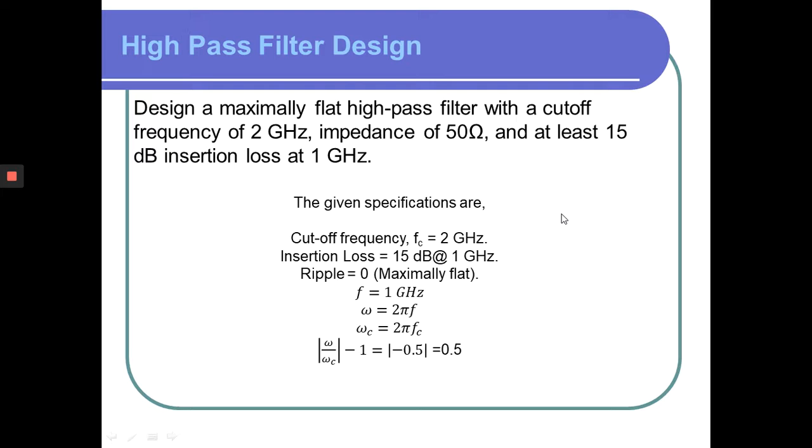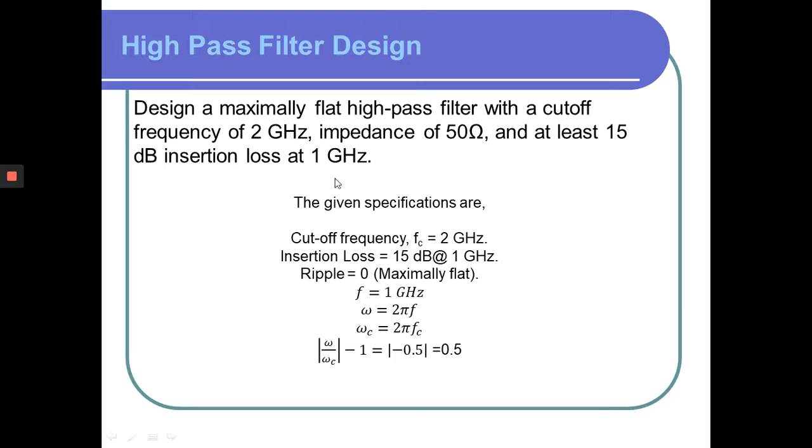In a similar fashion to what we did in the low-pass filter, we will calculate this first, and with these values we will find out the order. Then with the order we will find the element values, and from the element values we will find the values of the lumped capacitors and inductors.